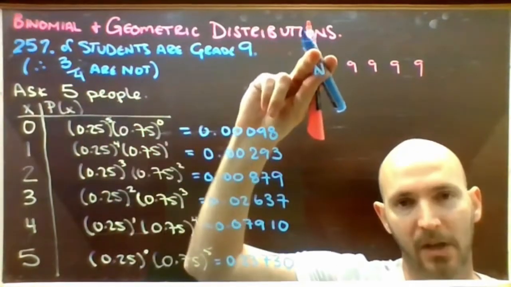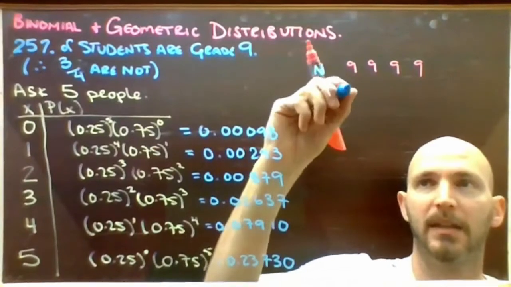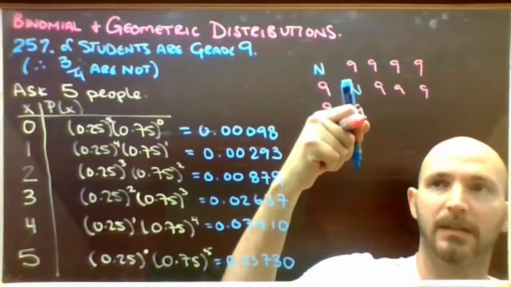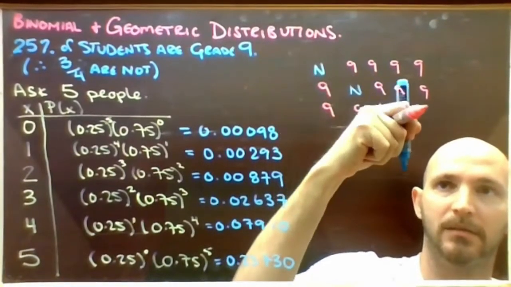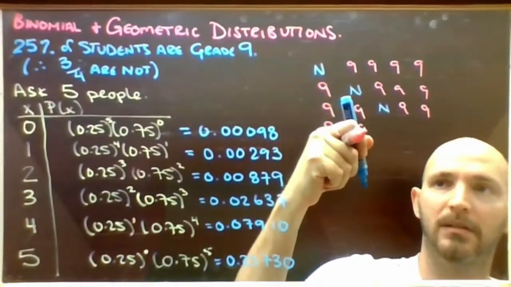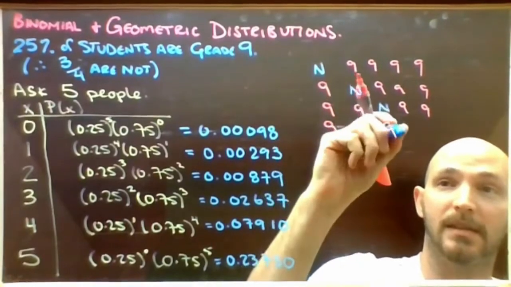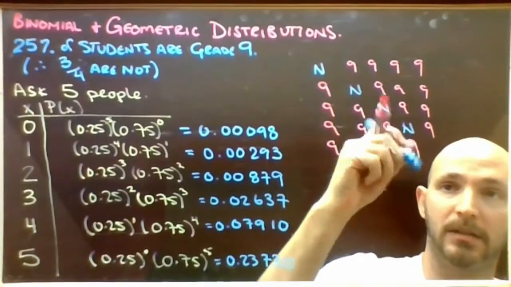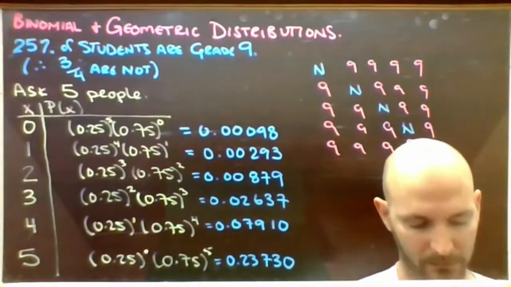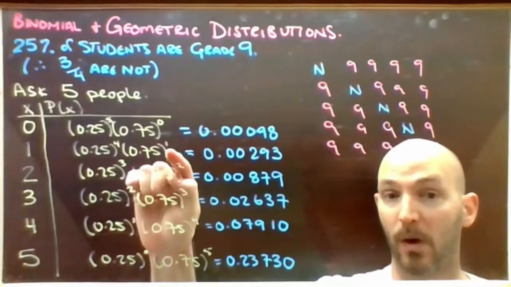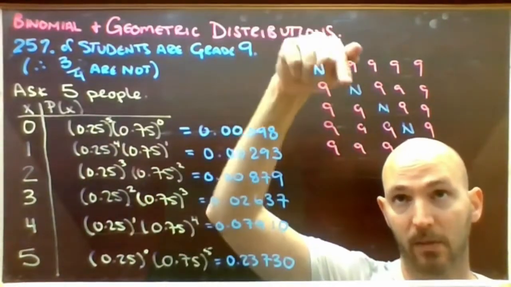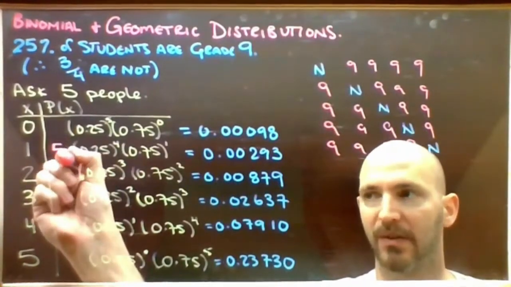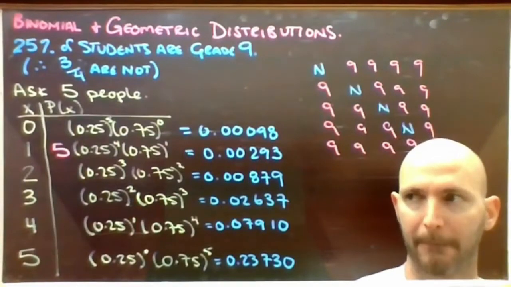And maybe that's the non-grade 9, or maybe this is, or maybe it's not until the last one. So that one person who is not a grade 9 could be here, or here, or here, or here, or here. That means that there are 5 possible positions that person could have been in.